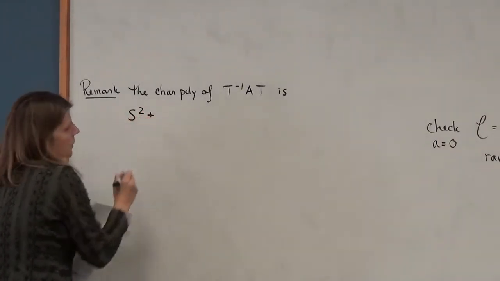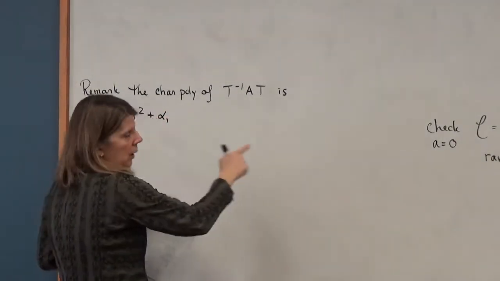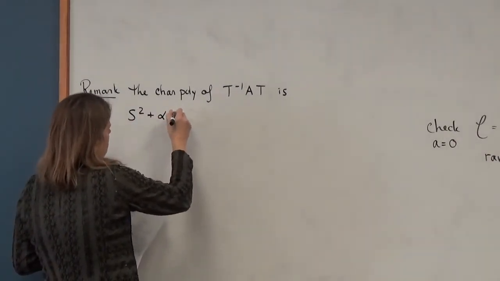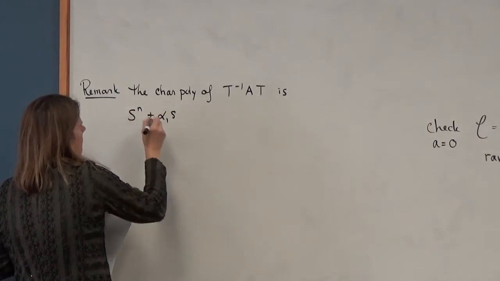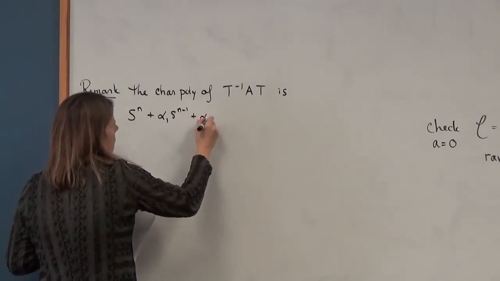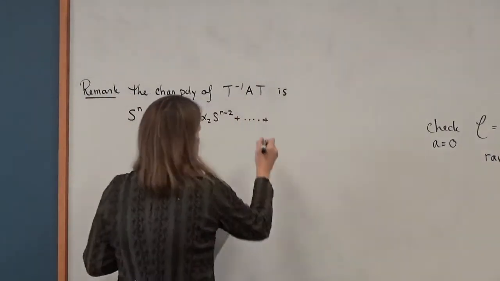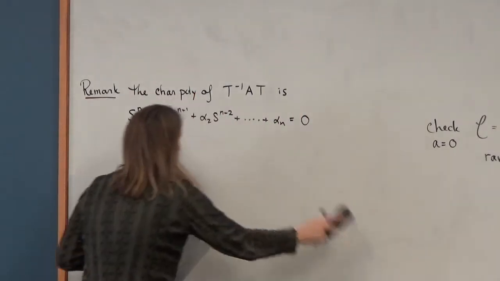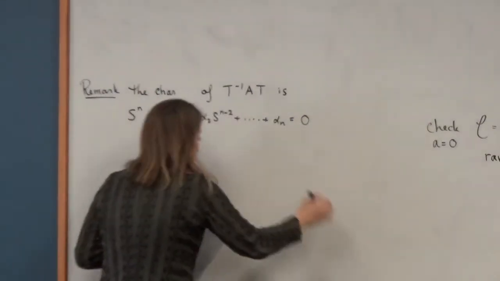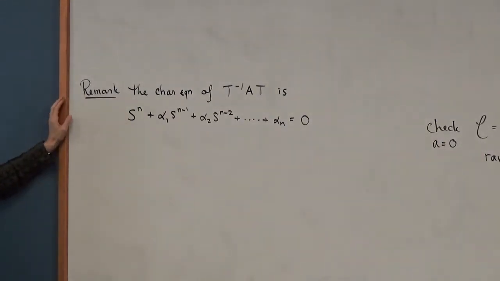You have to read backwards: it's s to the n plus alpha 1 s to the n minus 1 plus alpha 2 s to the n minus 2 plus, and so on, and then the last one is alpha n s to the 0, equal to 0. Sorry, I was thinking about our two-dimensional example. So that's the characteristic equation. Once you've got a matrix in controllable canonical form, you can just write down the characteristic polynomial. It's easy to check.